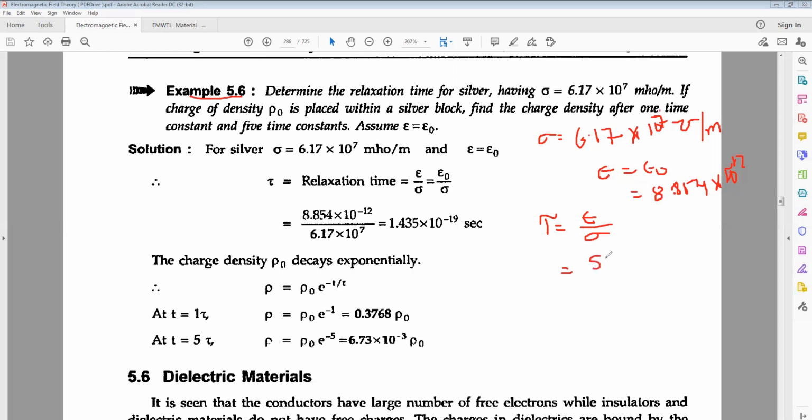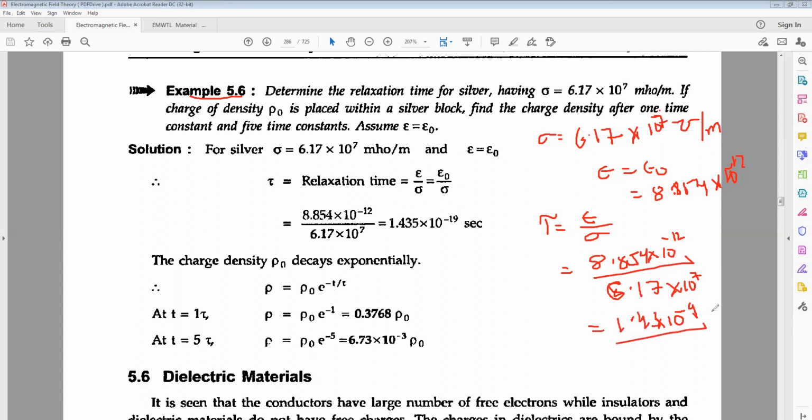We consider epsilon naught, 8.854 × 10^-12, divided by the given sigma, the conductivity of the silver, 6.17 × 10^7 mhos per meter. Simplifying this function, 10^-7 from the denominator gives 10^-12 minus 7, which is 10^-19 in the numerator, and these two will give 1.435.